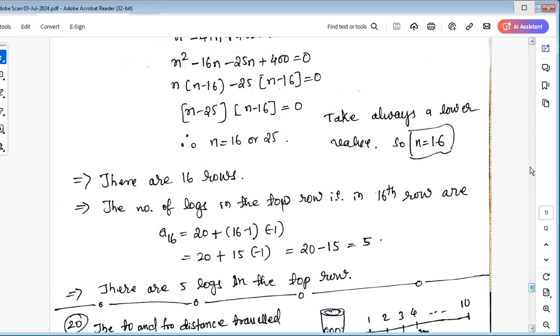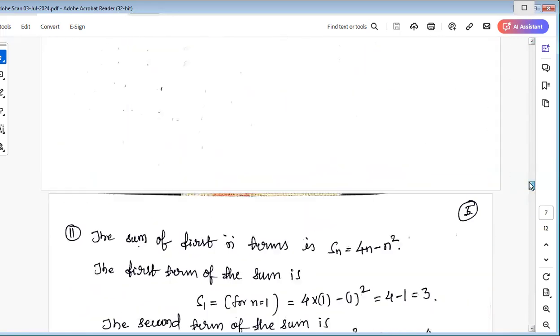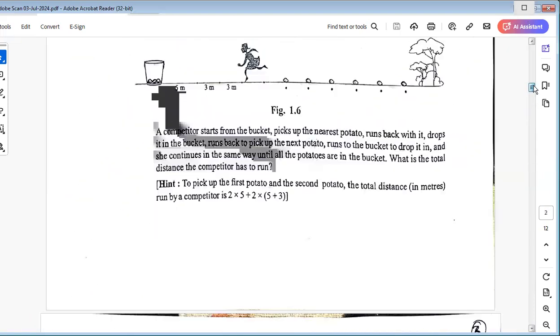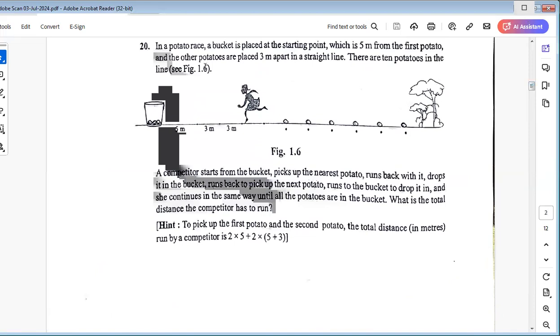Next, I will go to the last problem, the 20th problem of this exercise 1.3. So it is like this. In a potato race, a bucket is placed at the starting point, which is 5 meters from the first potato, and the other potatoes are placed 3 meters apart in a straight line.